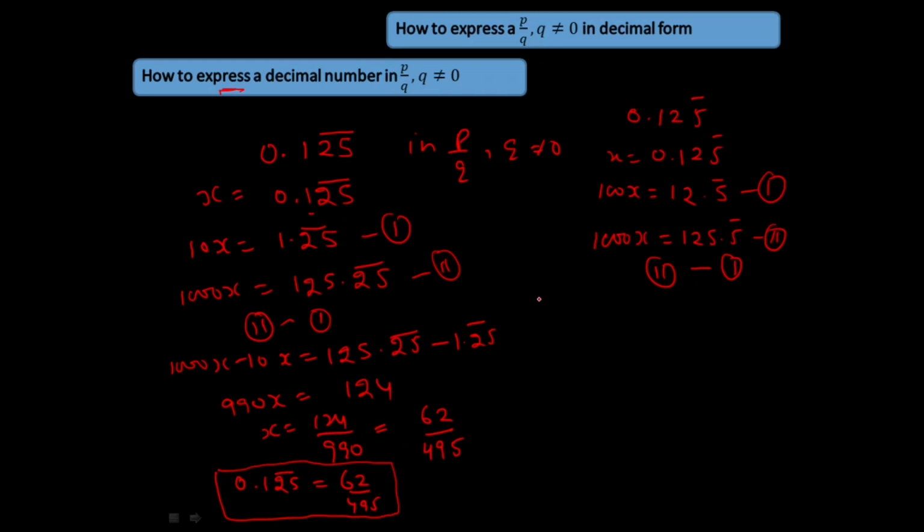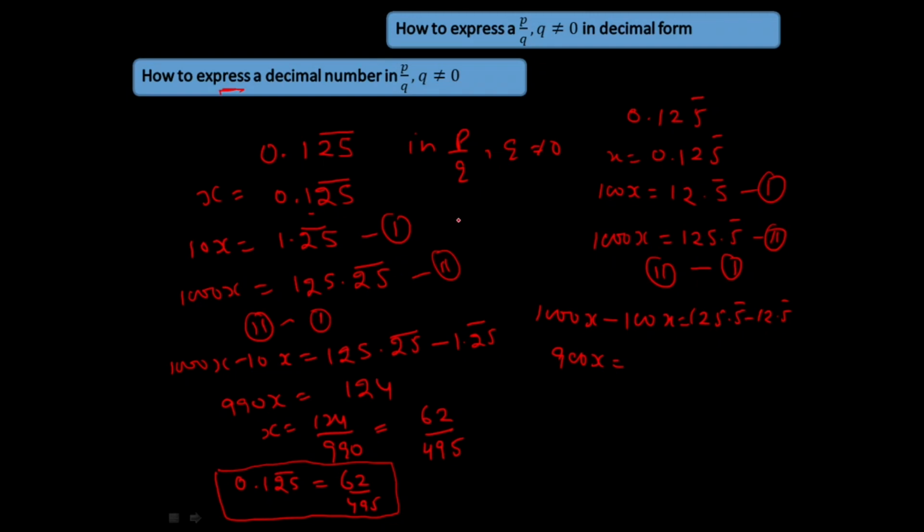Same here. This is 1000x minus 10x, this is 100x, equal to 125.5 bar minus this value, that is 12.5 bar. This is 900x equal to 125.5 bar minus 12.5 bar.